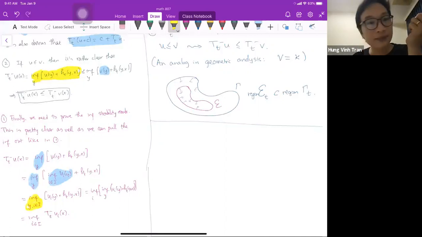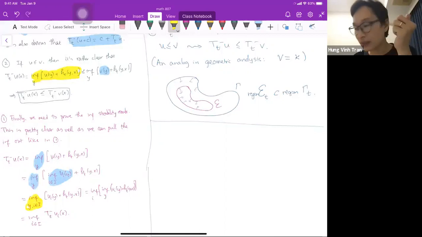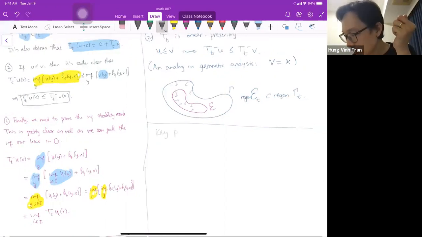I have that, and I switch the order of the infs. So in all of this proof, a key point here is that the infimum over a set A of the infimum over a set B equals the infimum over set B of the infimum over set A.